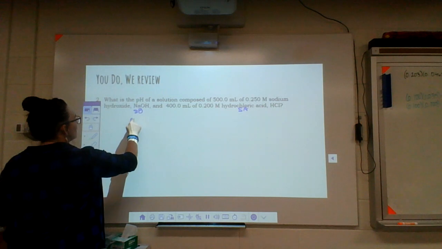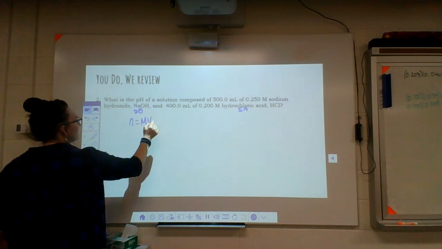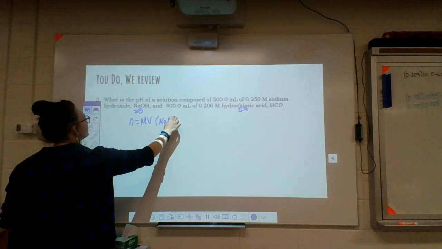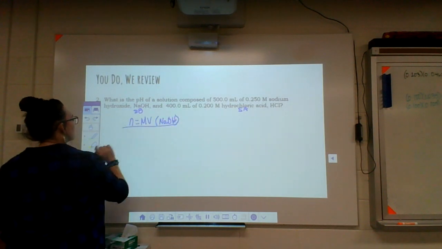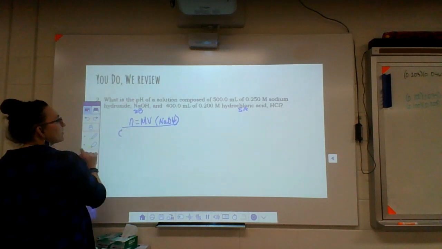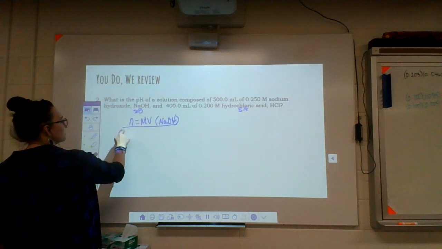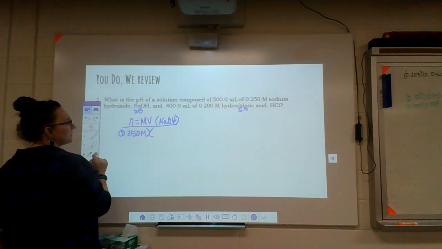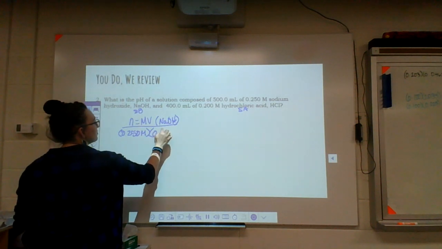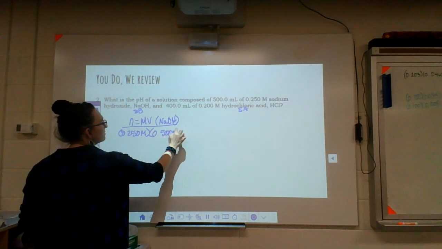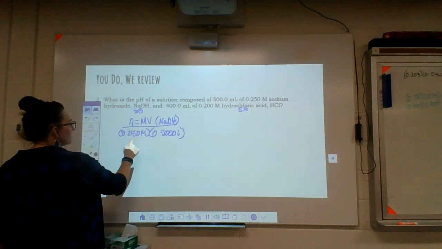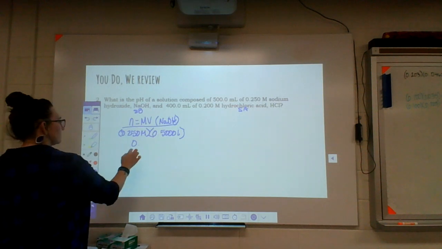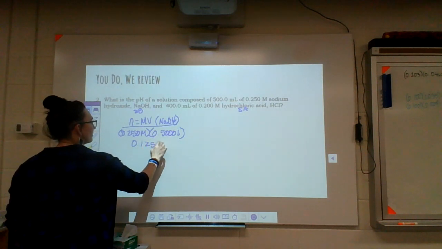So n is equal to M times V. I'm going to do my NaOH over here. So my molarity was 0.250. My volume in liters is 0.5000 liters. So this comes out to 0.125 moles.